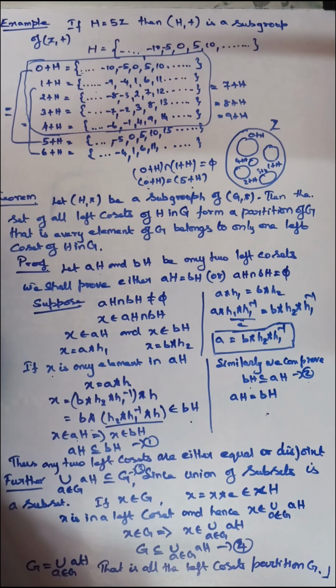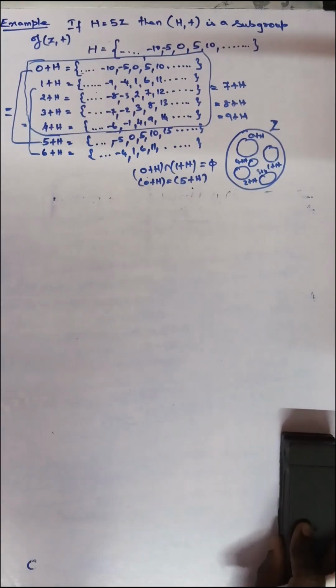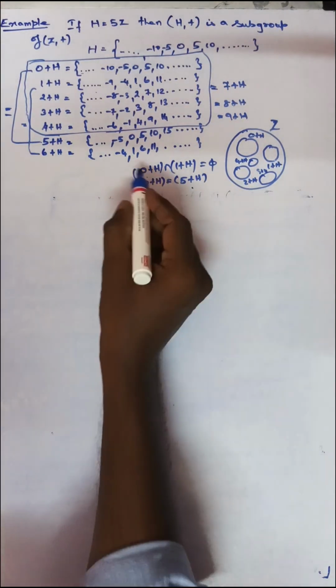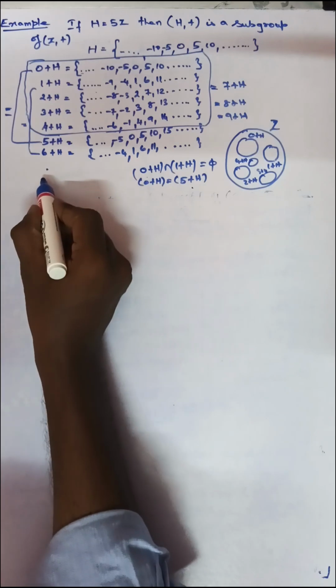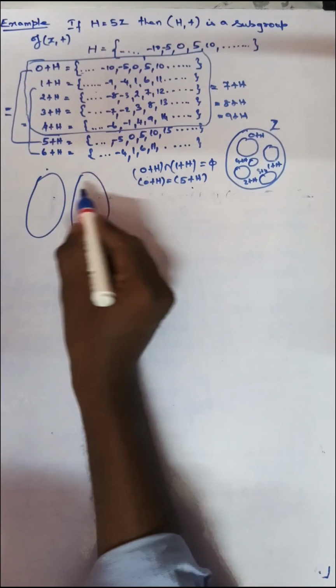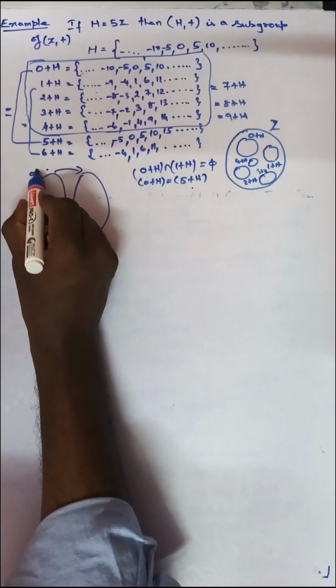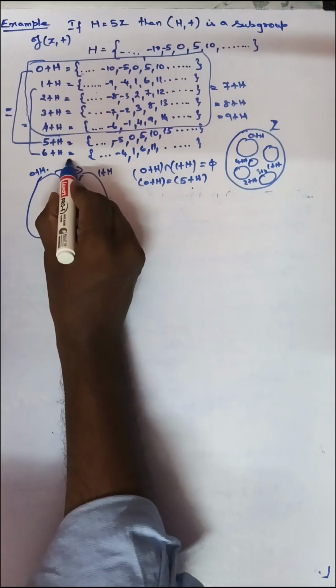From the example I will explain. I will erase this all. Next theorem, what we're going to prove. See this in the example. For example, you can consider this one mapping. Here we have the function from 0 plus h to 1 plus h that we defined.